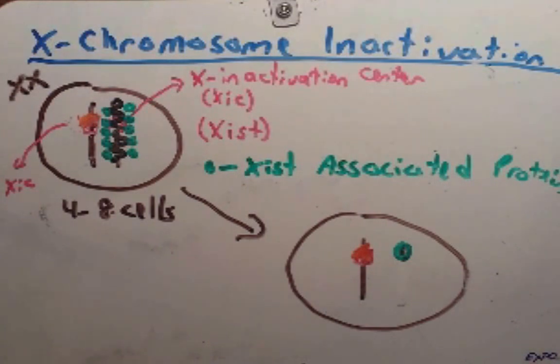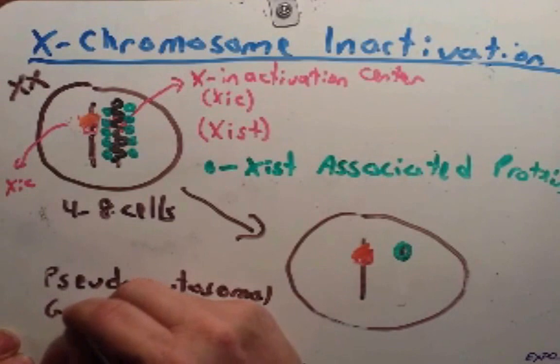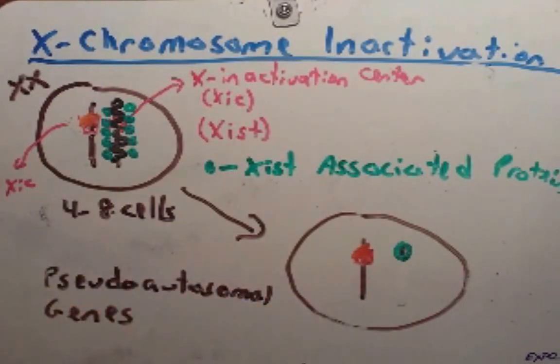Now, previously when I talked about this Barr body, and this is what becomes the Barr body, I indicated that all the genes are turned off. But if you've been noticing, I've been saying a few things that are a little inconsistent with that idea. We talked about these pseudoautosomal genes, and when I mentioned these before, I said that these genes are on both X chromosomes, and they behave like autosome genes because they're both expressed.